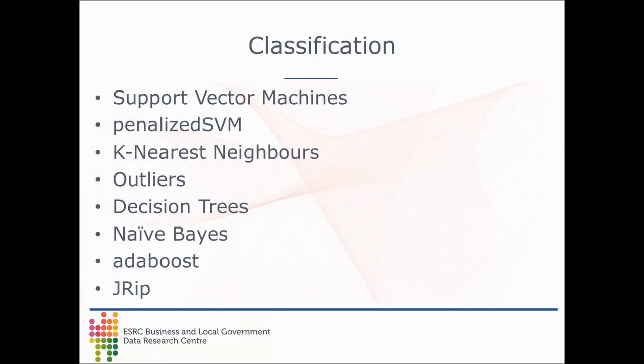There are 8 classifications that are supported. Each has its own benefits, each has its own drawbacks. We've already had a quick look at naive Bayes, but we'll be looking at that again within this little section.